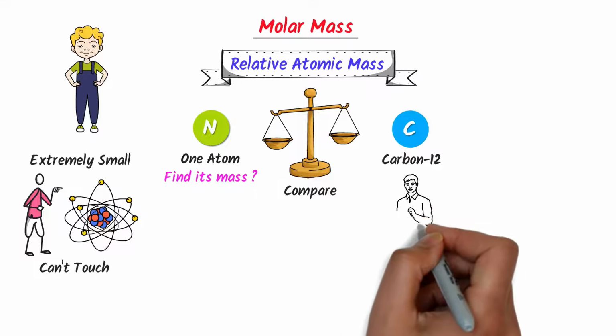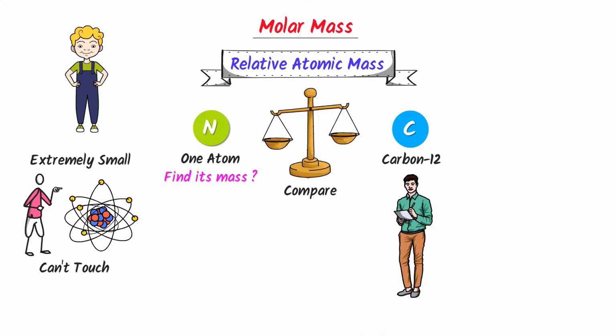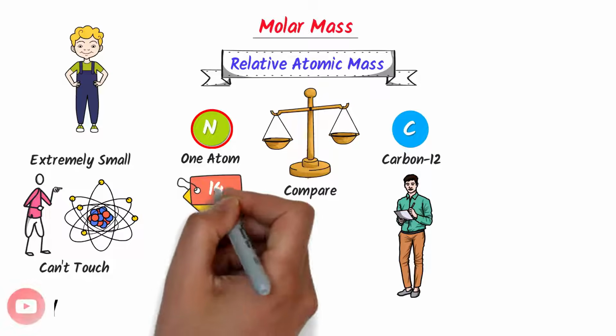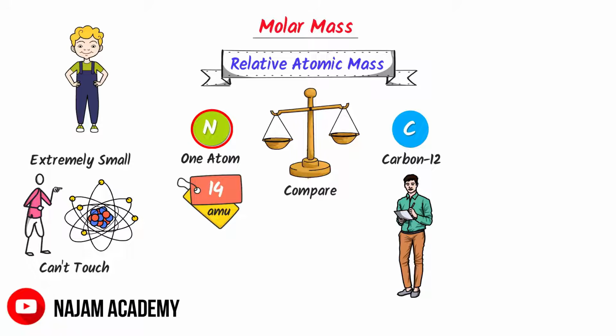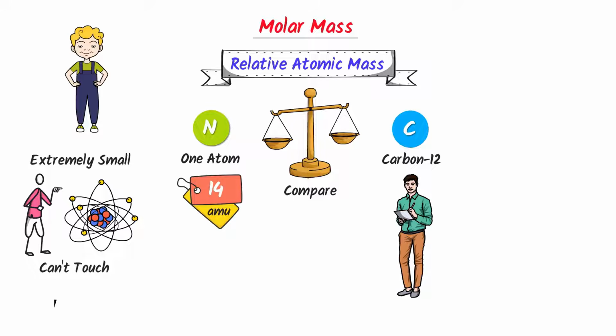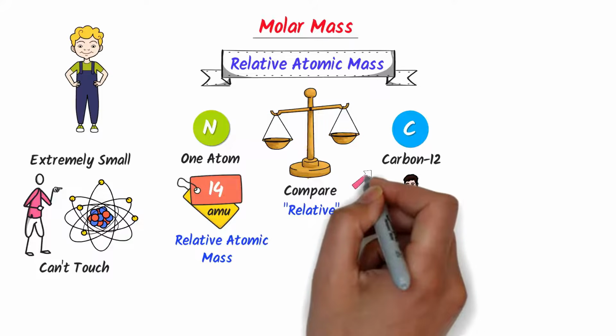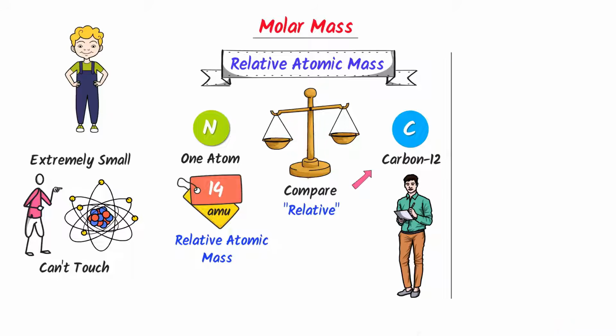After certain procedures and calculations, we assume that the mass of this one atom of nitrogen is 14 AMU, or 14 atomic mass unit. This 14 AMU is known as relative atomic mass. The term relative is used because the nitrogen atom is compared with the carbon-12 atom.